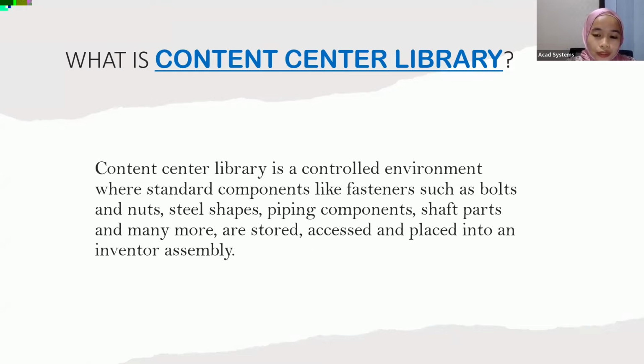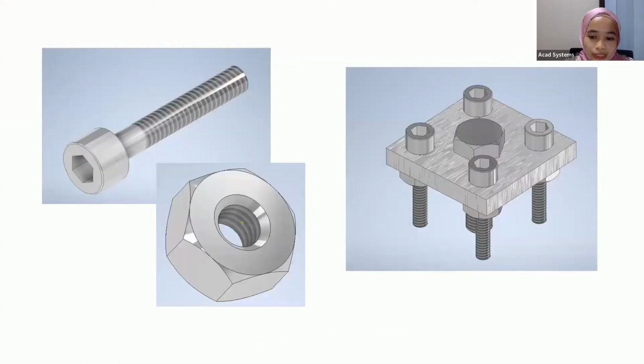Even though the content center library has all the standard components, we can also design our own custom components and publish them to the library. Later I will show you one of the ways I create my custom component, which is bolt and nuts. I will show you how I create the head cap screw and the nut, and how I assemble them.